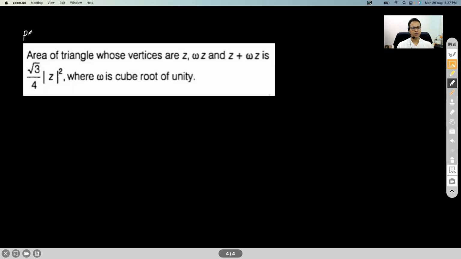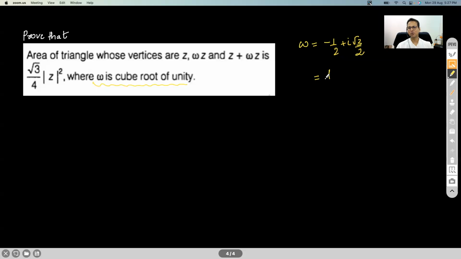Question is, prove that the area of the triangle whose vertices are z, omega z and z plus omega z, omega being the cube root of unity, okay? I hope you all recall that omega was minus half plus i root 3 by 2, right?